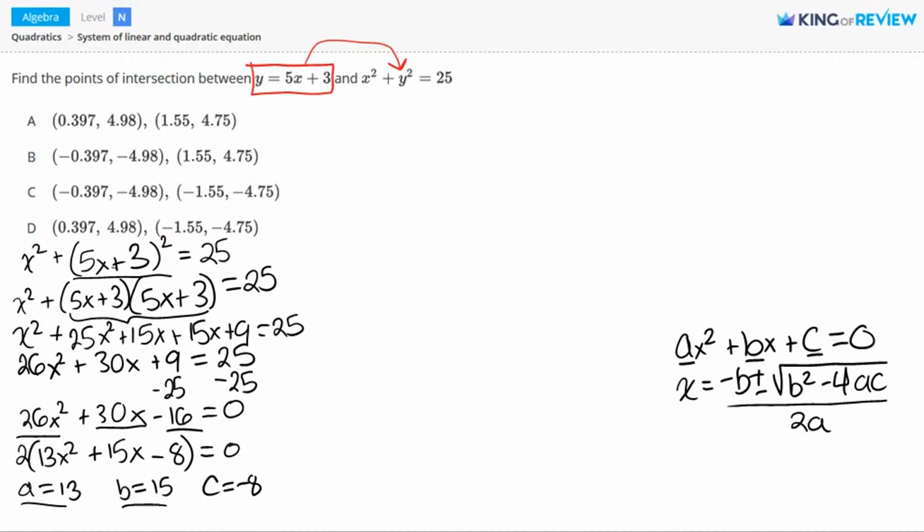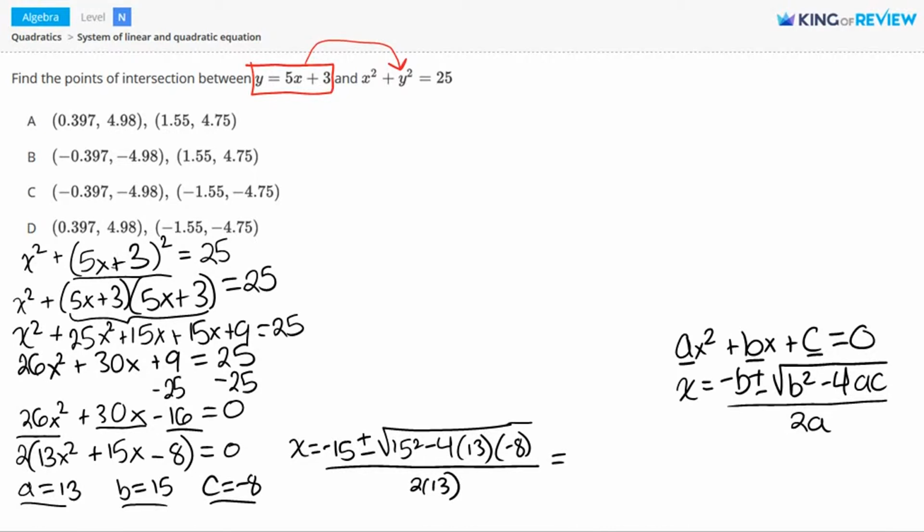Let's apply these three values to the quadratic equation and solve for x. We have x equals negative 15 plus or minus the square root of 15 squared minus 4 times 13 times negative 8, and this is all divided by 2 times 13.